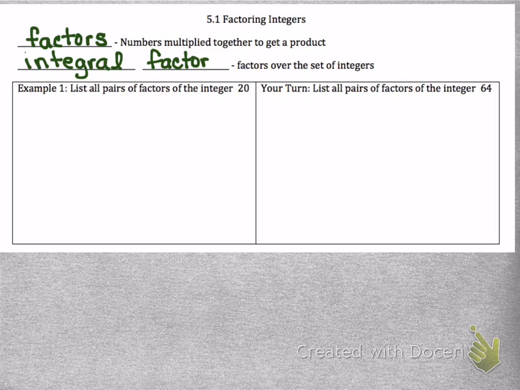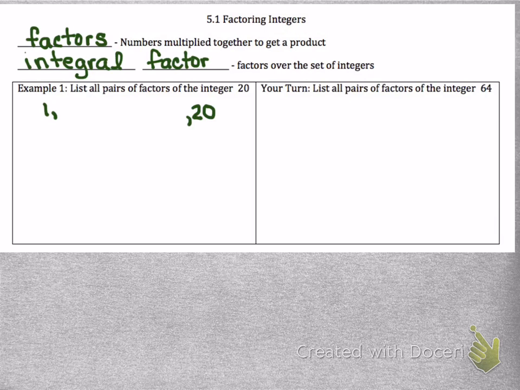I will typically list them in pairs so that I start with the number and 1. And notice I'm leaving space in between when I do this list. This is not the only way to do it, but I like to work through this way so that I can meet in the middle. And sometimes it leaves some extra space in the middle, and that's okay.